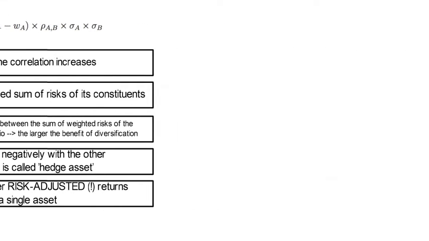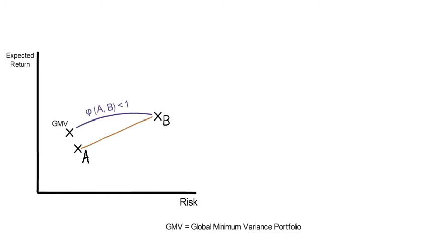Now we can visualize the advantage of diversification via 2 graphs. Notice there is only one free lunch in finance, and that one is highlighted in the left graph. Adding a little bit of a high risk and high expected return asset to a low risk and low expected return asset results in a portfolio that very remarkably is even less risky than the low risk asset.